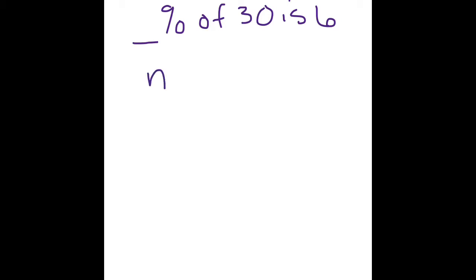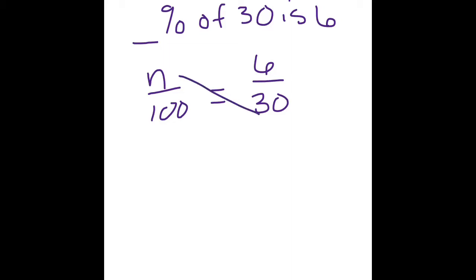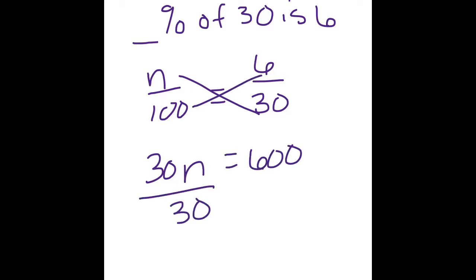So we go n over 100 equals, this was the same as the example problem they gave us before, 6 over 30. So you get 30n, 600, divide both sides by 30, you should get 20, n equals 20.